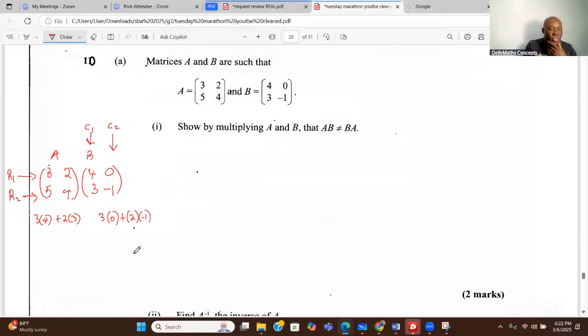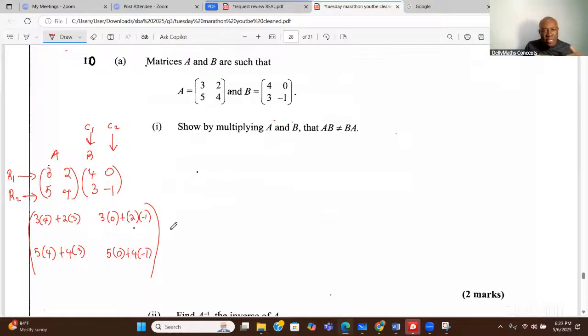Next we go row 2, column 1: 5 times 4 plus 4 times 3. Then row 2, column 2: 5 times 0 plus 4 times -1.